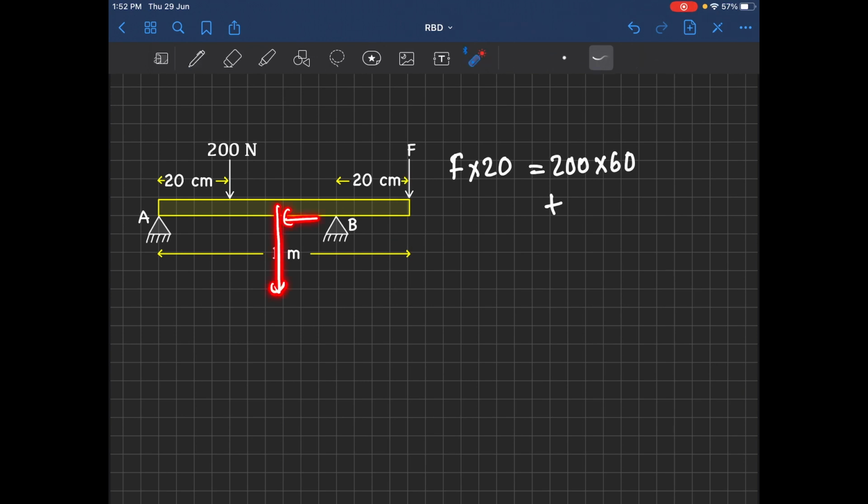Now, mg acts at distance 50 centimeter from the right end, and this distance is 20, so the remaining distance is 30 centimeter. So, 200 into 60 plus 100 into 30. This gives us F equals 750 Newton.